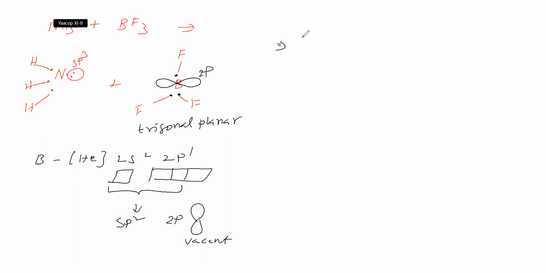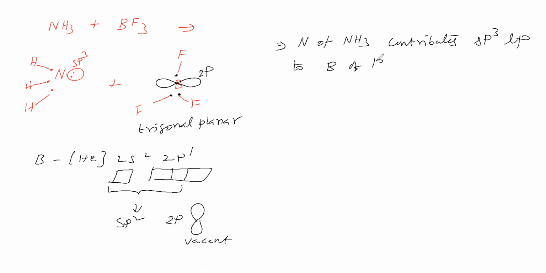So here, nitrogen of NH3 contributes an sp3 lone pair to boron of BF3, while boron of BF3 contributes a vacant orbital.